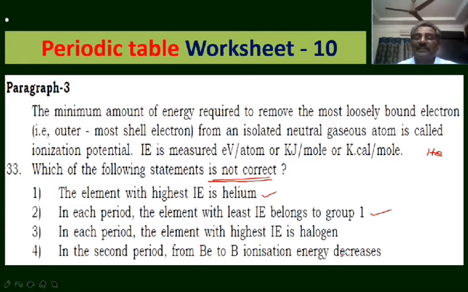So this is also right. So the third statement will be considered the wrong statement. That is, in each period the element with the highest ionization energy is not halogen, it is the inert gas, or noble gas.